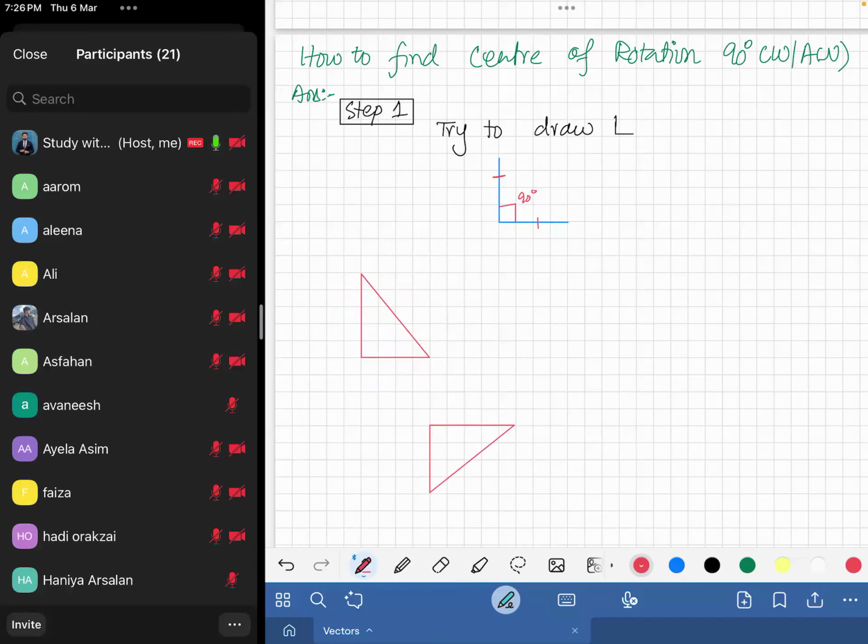How to determine whether it's a rotation or reflection? Because sometimes we have a doubt whether it is a reflection or a rotation. Remember one thing, in the cumulative exam, you will have the shape in front of you.